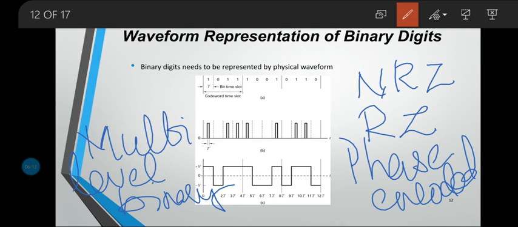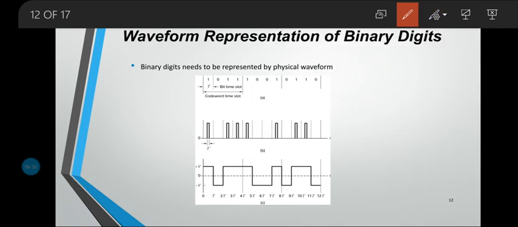NRZ, non-return to 0, is the most commonly used PCM waveform type. It can be further subgrouped as NRZ-L, NRZ-M and NRZ-S.